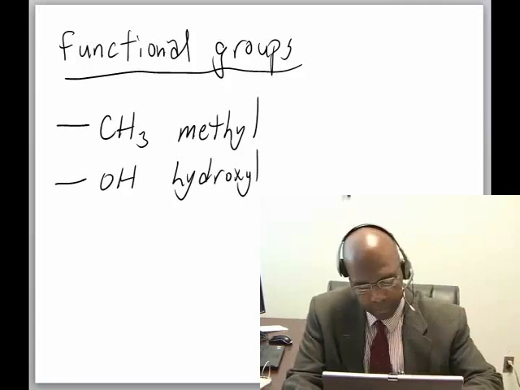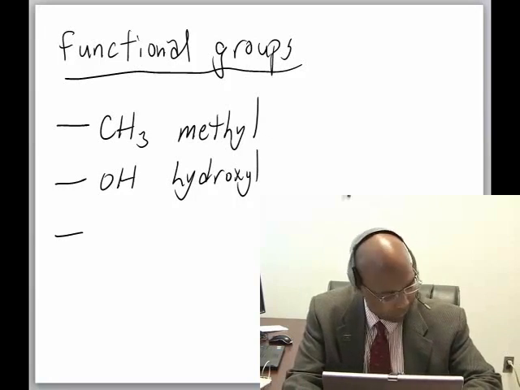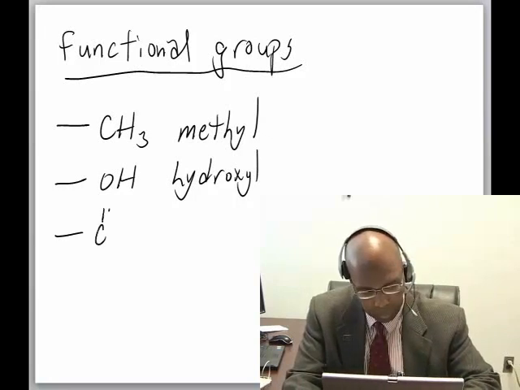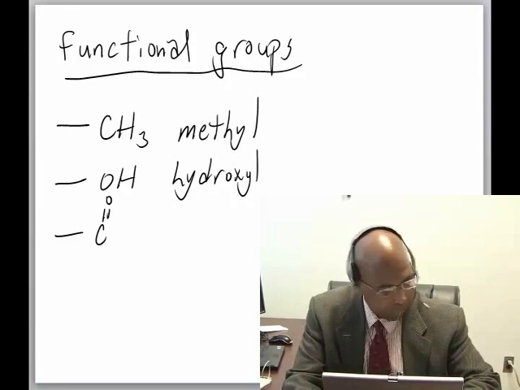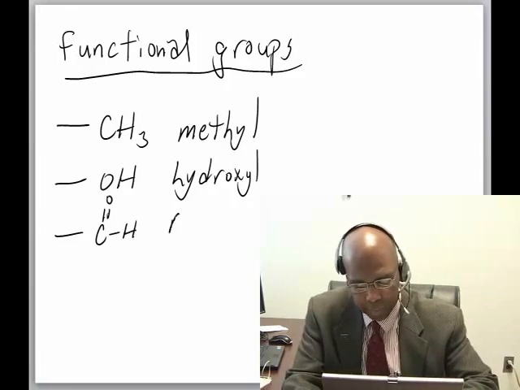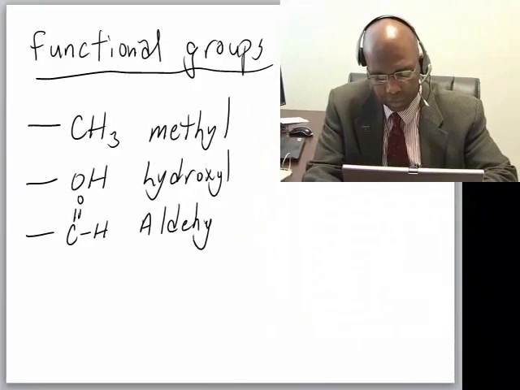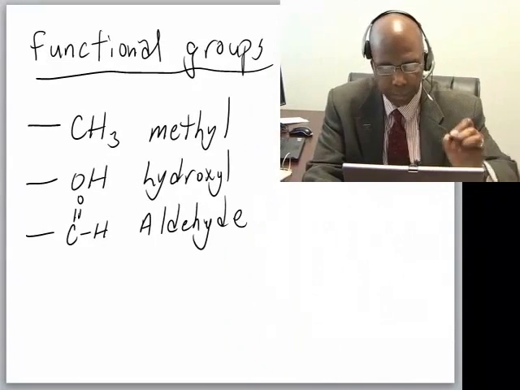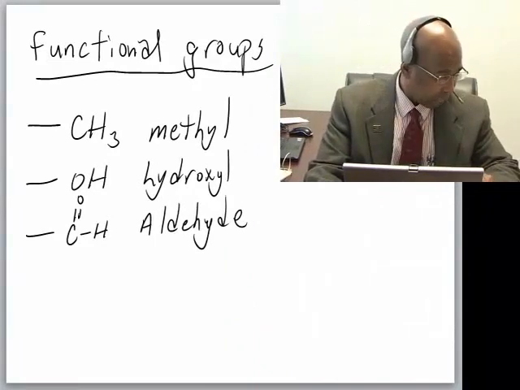If we have a carbonyl carbon attached to a hydrogen here, we call all of this an aldehyde. And we've seen this one already. Again, we've seen nearly all of these.